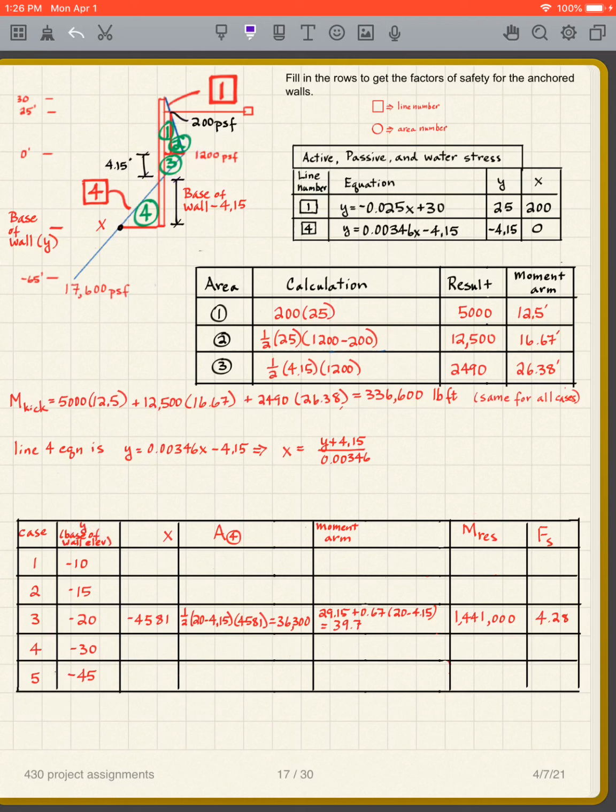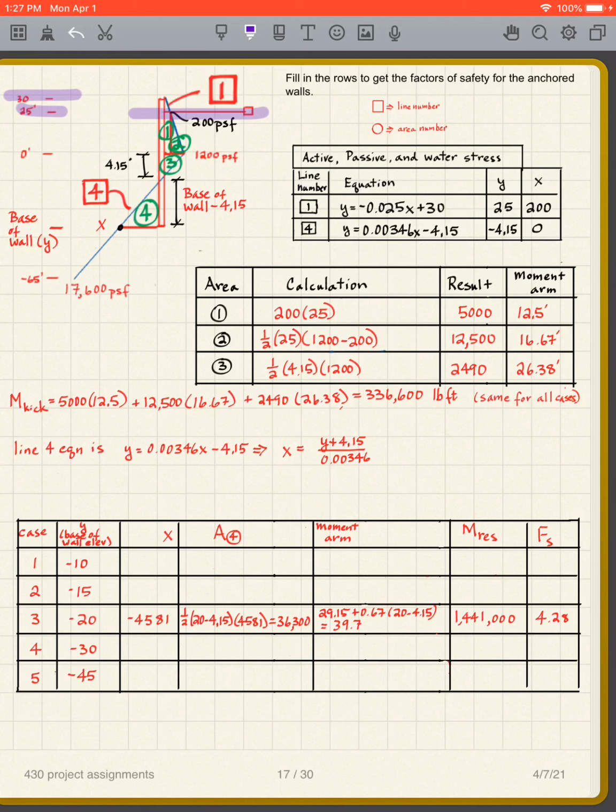So I'm just going to do areas 1, 2, and 3 for you. You can use them, and the moment that they cause. But I'm going to show you how we got them just to be complete here. So if you remember the equation 1, line number 1, this was our equation for line number 1. And now our anchor is at 5 feet down from the top.